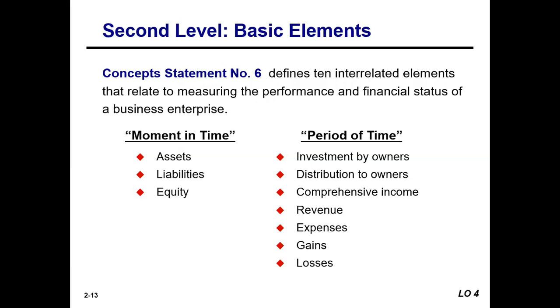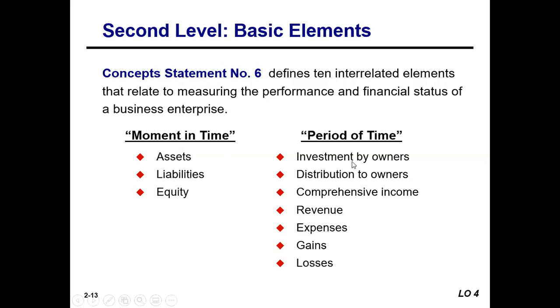So that'd be all the activities of that first month, period ending January 31st. They're prepared for a period of time, a month or a quarter or a year, right? Whereas the balance sheet, which includes assets, liabilities, and equity, is prepared at a moment in time. So with our income statement and statement of owner's equity, we would say for the period ending January 31st, and for our balance sheet, we would say as of January 31st, right?